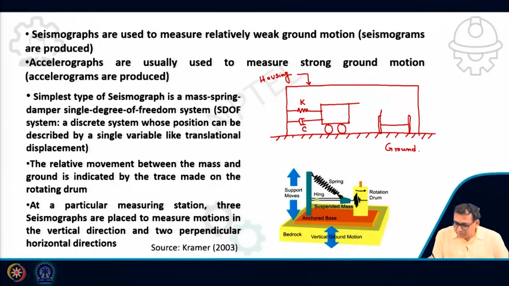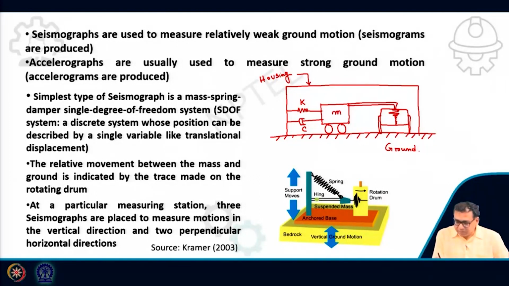And there is a rotating drum, and that will make this trace. This is the horizontal one. This one is vertical, this one is horizontal.